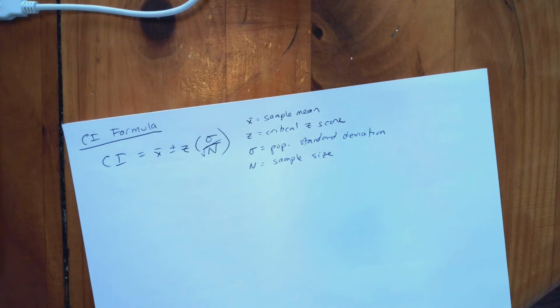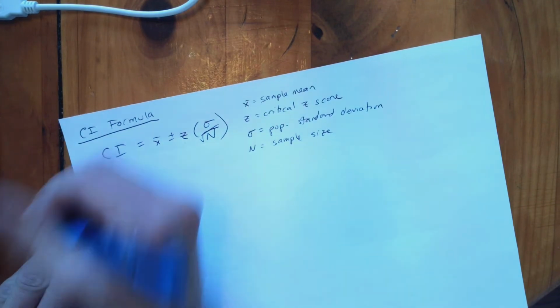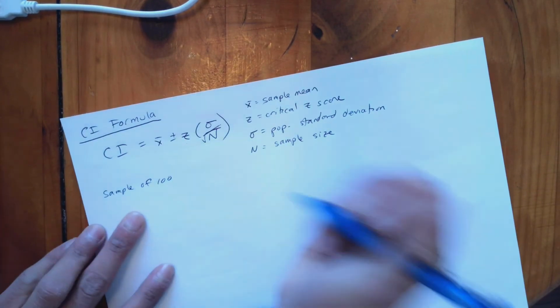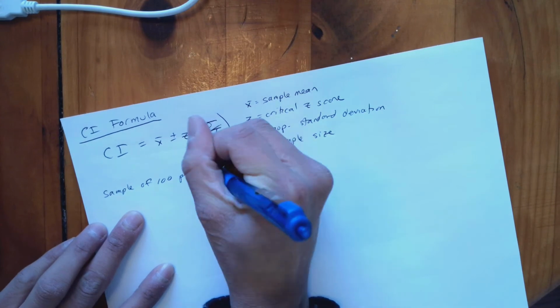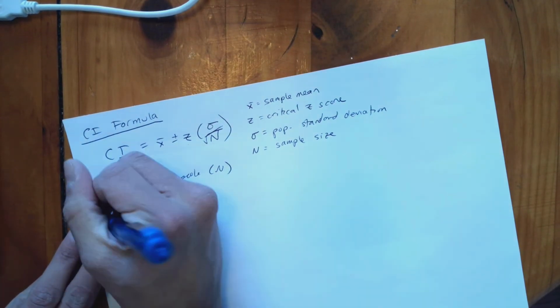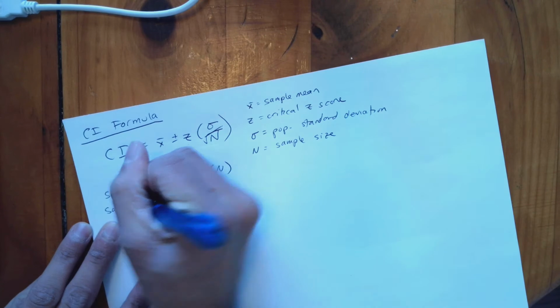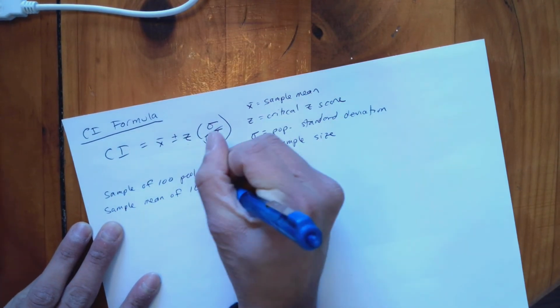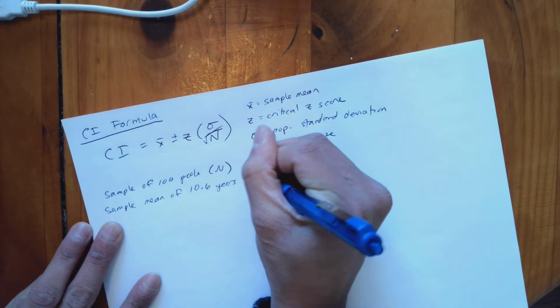Alright, so let's think about what we know so far. We have a sample of 100 people, so that's n. We have a sample mean of 10.6 years, that's x bar.